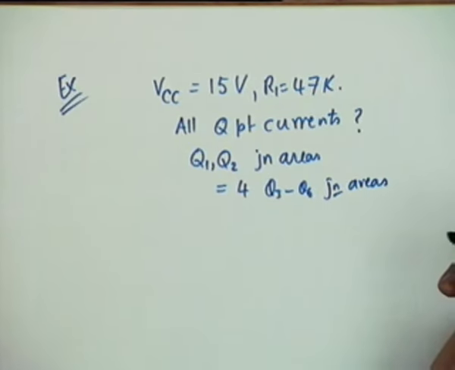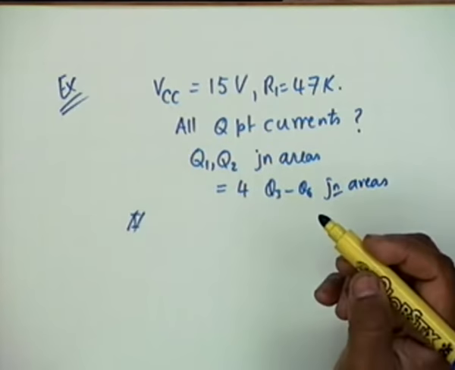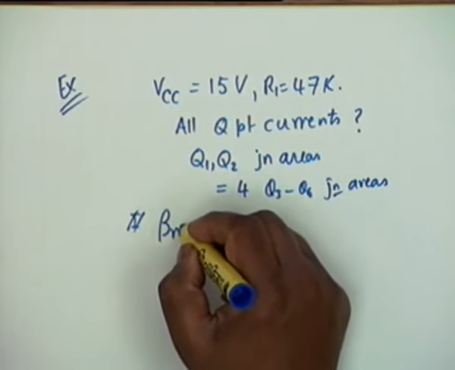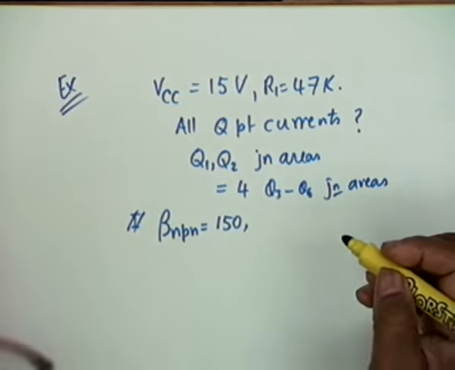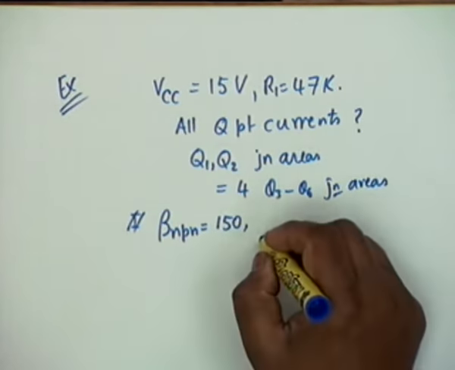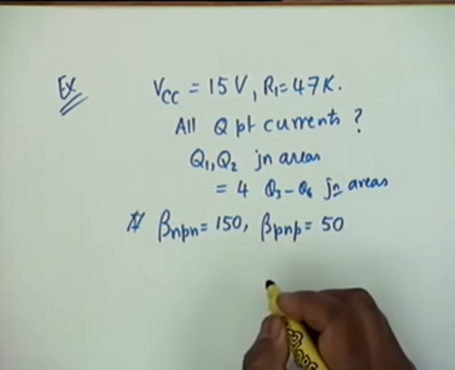You are required to compute all the currents. The first thing you do is to compute the IREF. The second part of the question is, if beta NPN is 150, this is another thing I want to point out through this example, and beta PNP is 50.